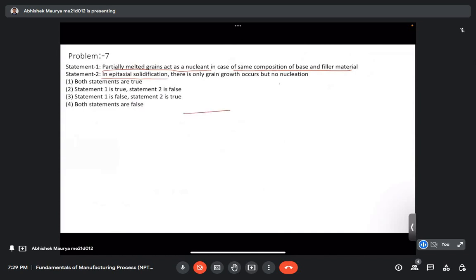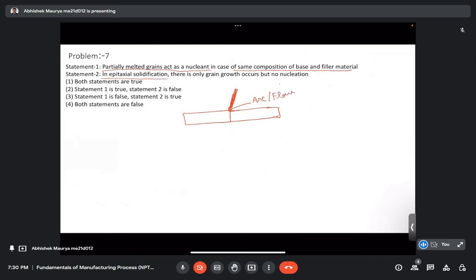So here we have the base material like this, and we are supplying heat near the joint. That is, let's say, an arc or flame or any heating source.